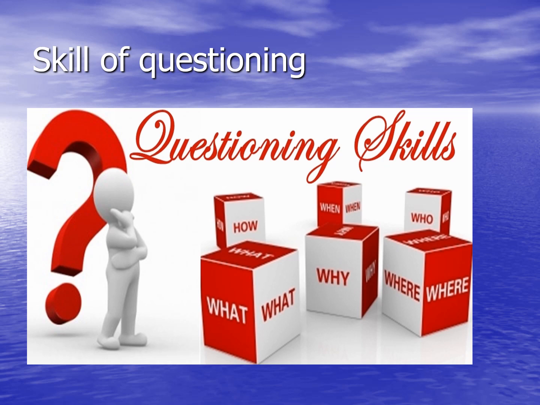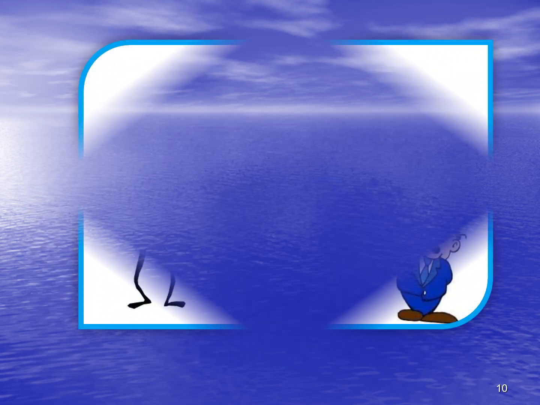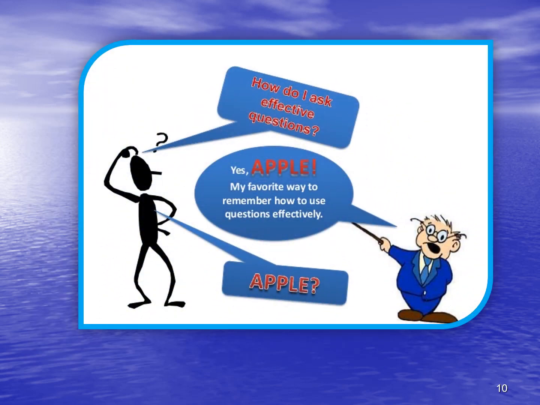In your lesson plan, and in the classroom teaching-learning process, one part is questioning. So the skill of questioning is also very important, when you have to take care of what, why, where. This is one example I want to give you. How do I ask an effective question?